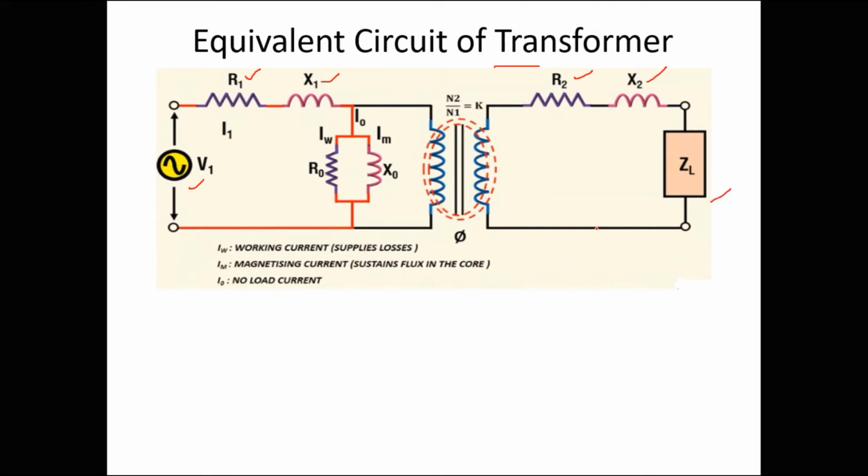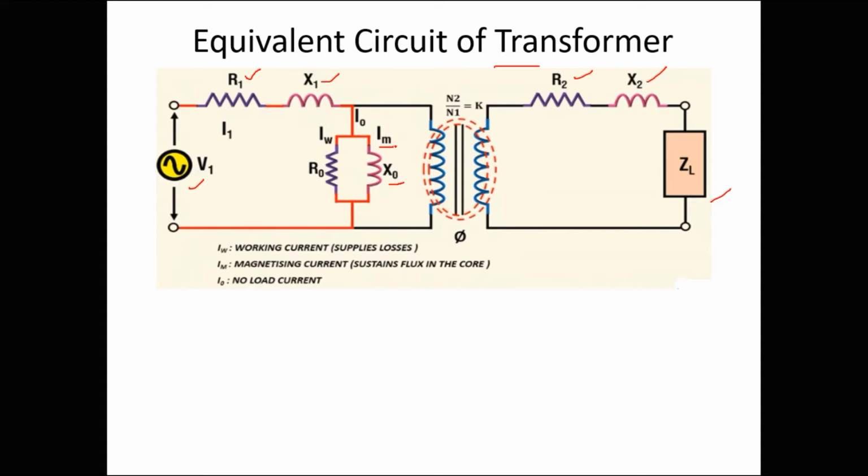The very first operation of an electrical machine is the creation of flux. It means we have to maintain some constant flux within the machine for smooth operation. Here the contribution of flux creation is indicated by a component called X0, and the current required for creation of flux is Im, that is the magnetizing current.